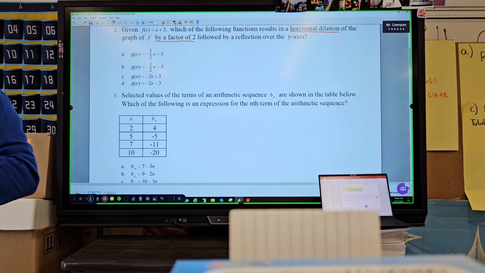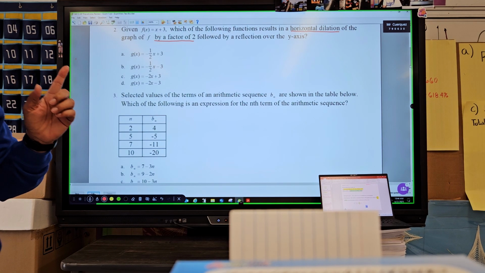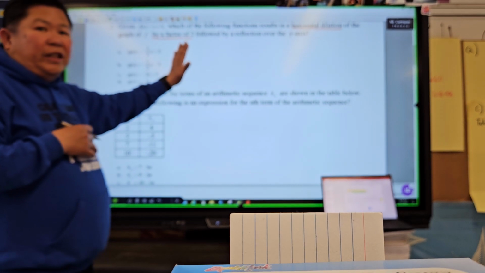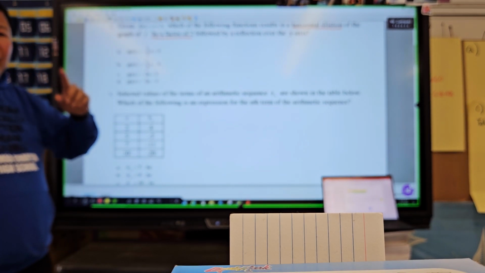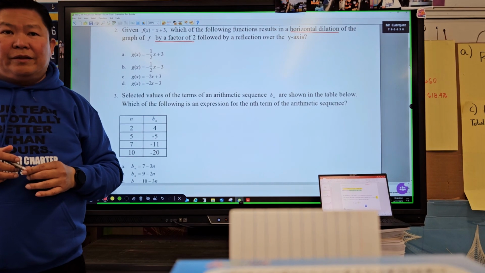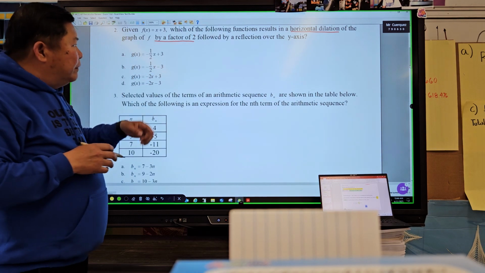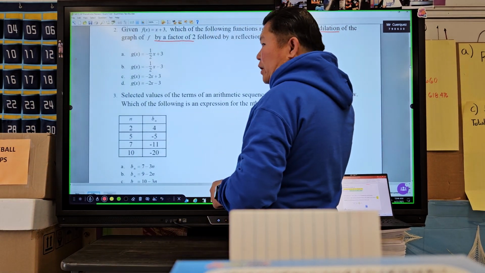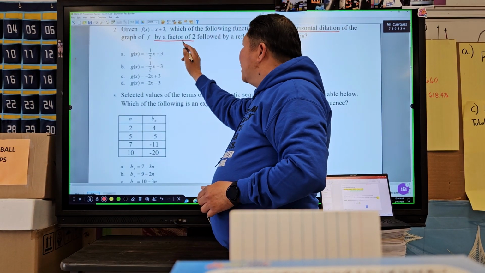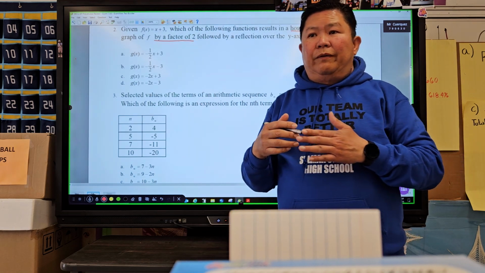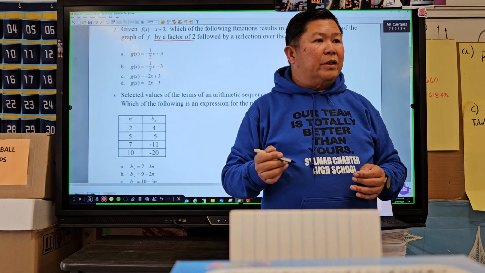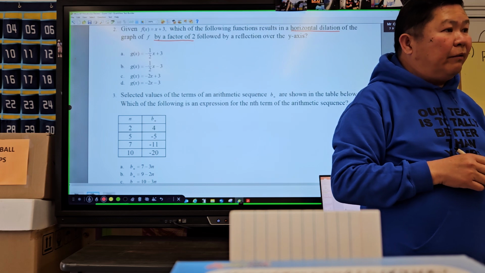What's the reciprocal of 2? 1/2, right? Okay, 1/2. So this problem doesn't need a solution but critical thinking. We're gonna analyze. Because of this horizontal dilation and by a factor of 2, the reciprocal of 2 is 1/2.